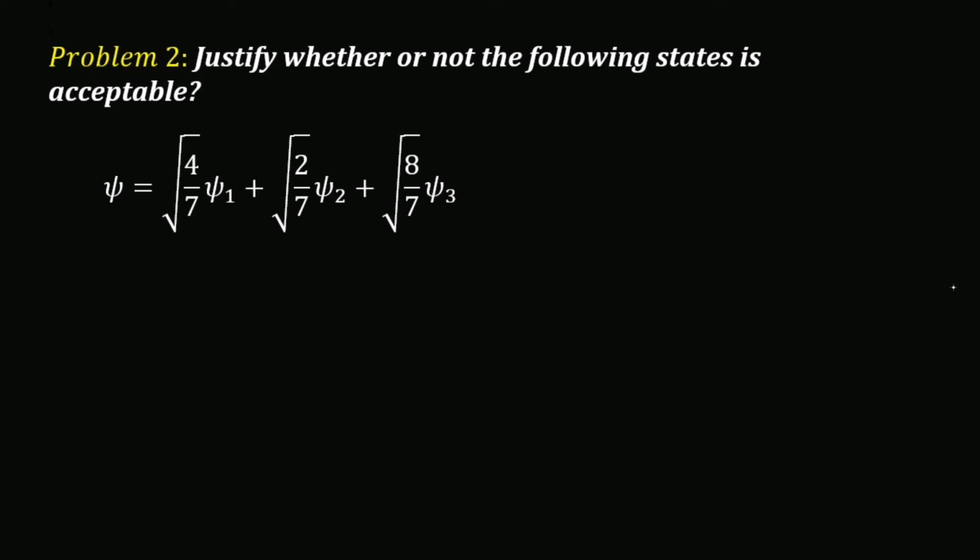Here you can see that if we compare, the value of a1 is 4 over square root of 7, the value of a2 is 2 over square root of 7, and the value of a3 is 8 over square root of 7.